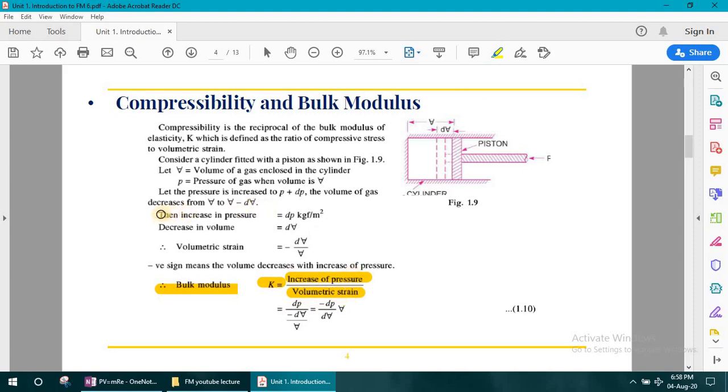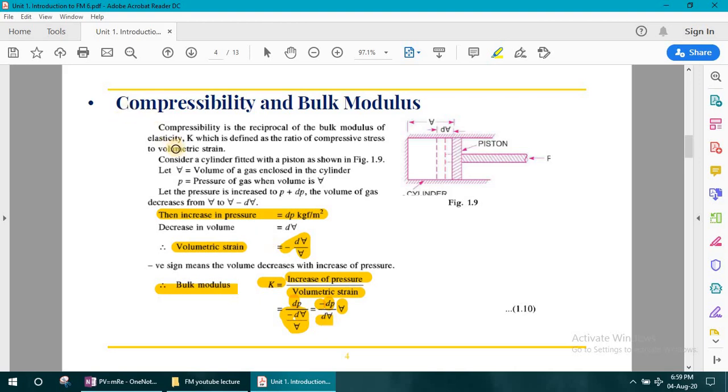What is the increment in the pressure? Here it is dP, so I will write dP, and the volumetric strain is represented by minus dV upon V. But we know that if you transfer this denominator to the numerator, the dP remains as it is, the minus sign goes to the numerator, and the volume V gets multiplied, and in the denominator we have only dV.